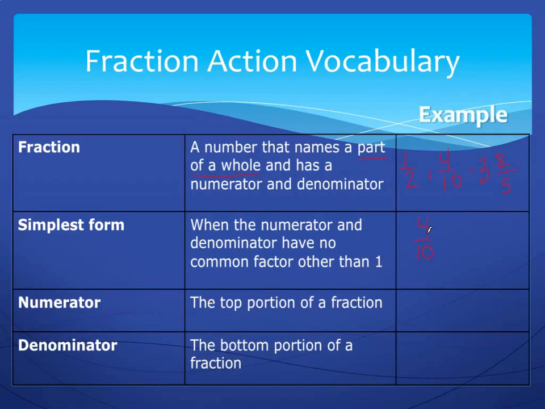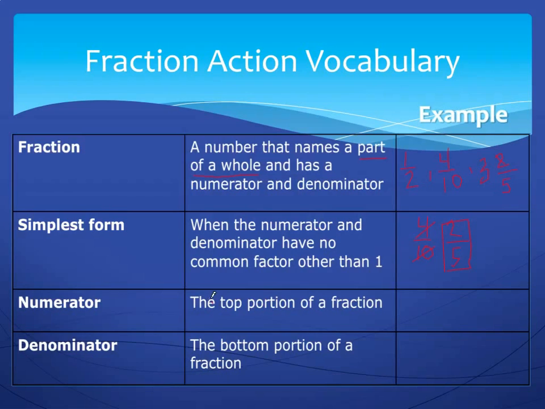Since one of my divisibility rules tells me that if the last digit is an even number, then it's divisible by 2, I know that this can be reduced. So 4 divided by 2 gives me 2, and 10 divided by 2 gives me 5. So my simplest form of 4/10 is 2/5.